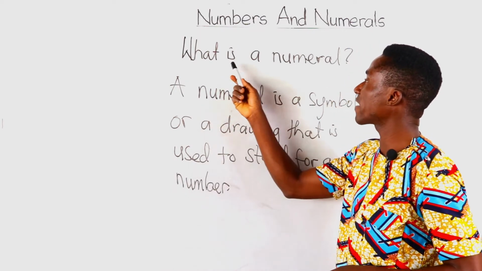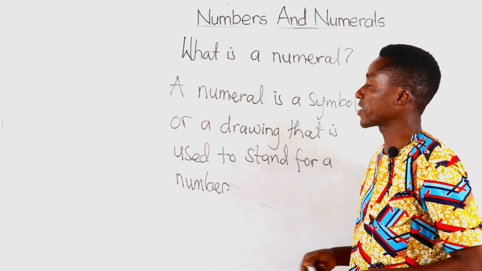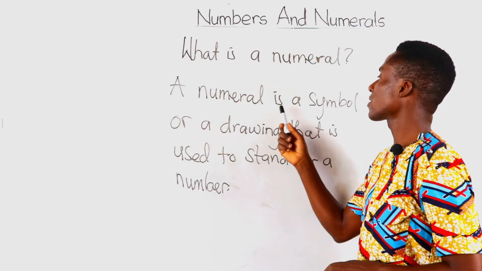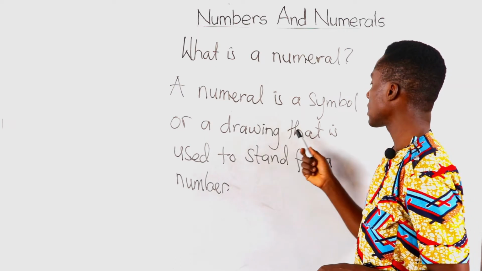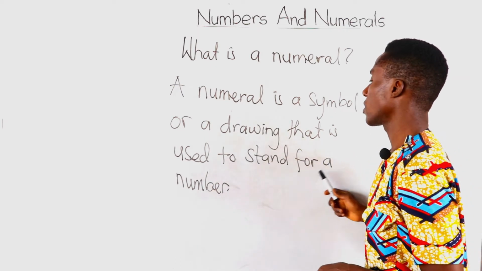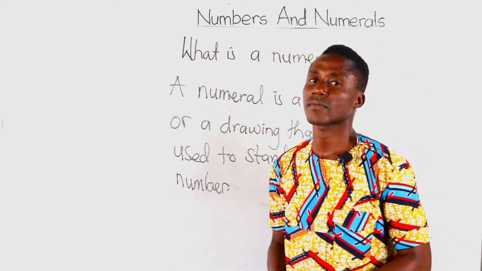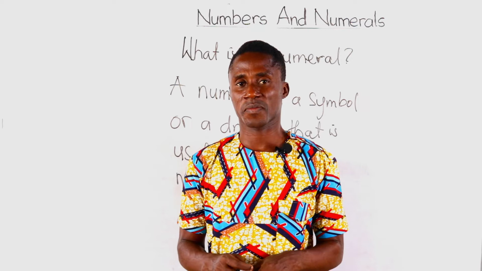So what is a numeral? And the answer is a numeral is a symbol or a drawing that is used to stand for a number. Now we know what a numeral is.